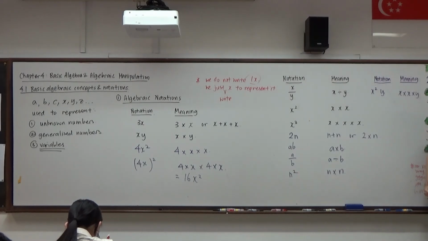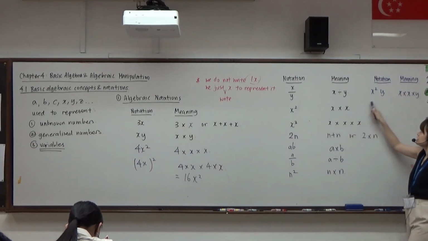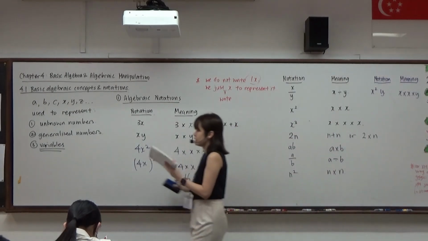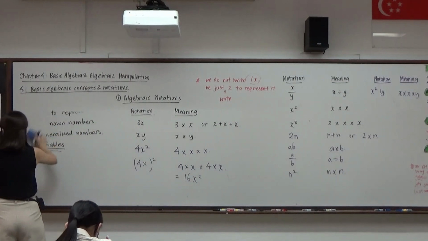Do you agree? Anybody disagree? Alright, so x squared means x times x. Then the y means times another y. So this and this are the same. You clear about this? Yeah?